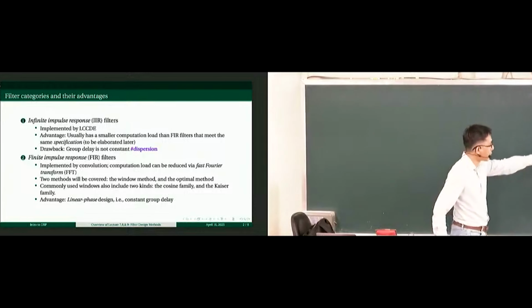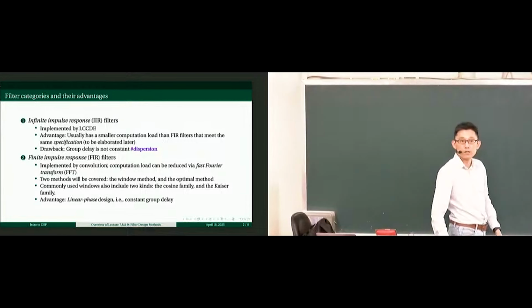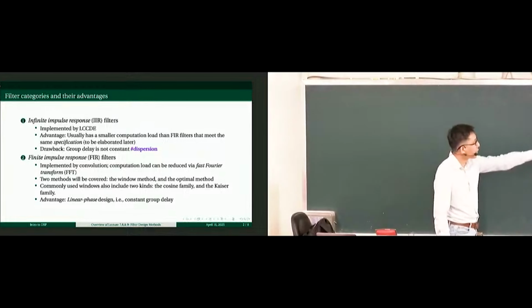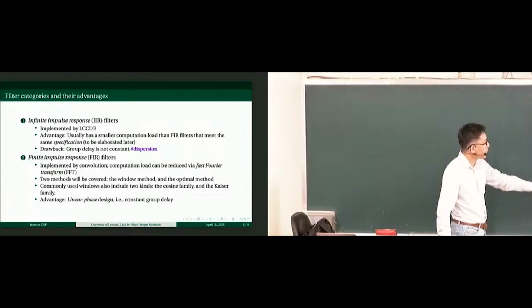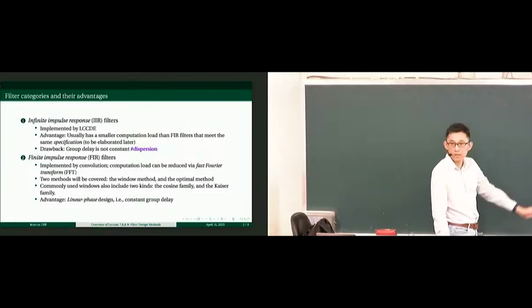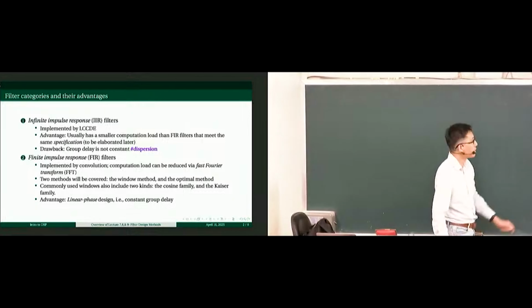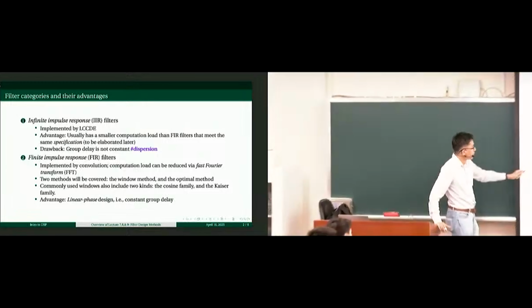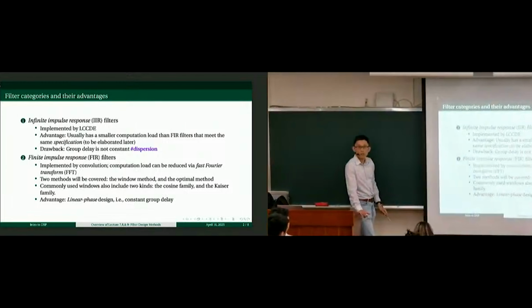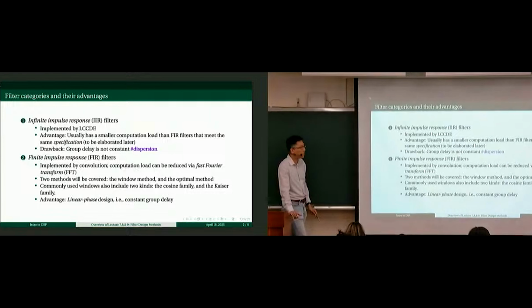One is IIR, the other is FIR, and it's very simple. I stands for infinite, F stands for finite. Let's memorize it: infinite impulse response, finite impulse response. IIR filters, FIR filters.